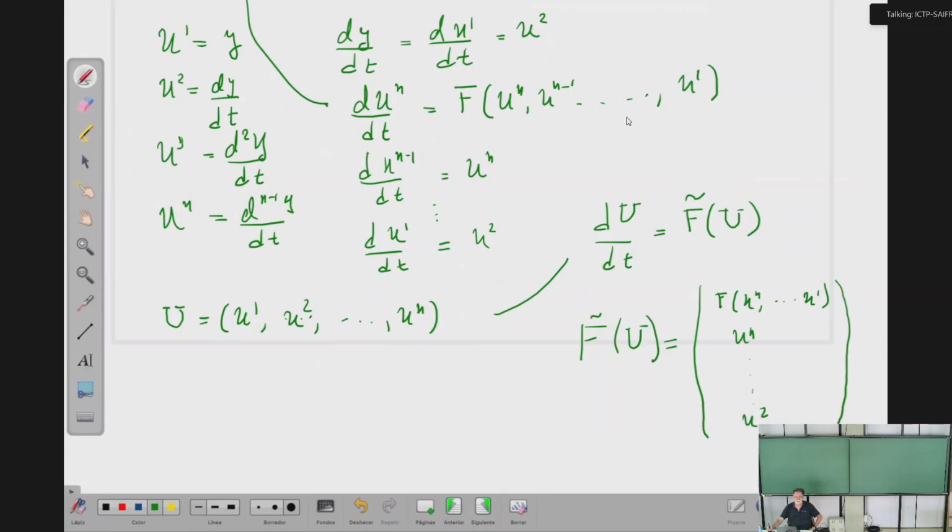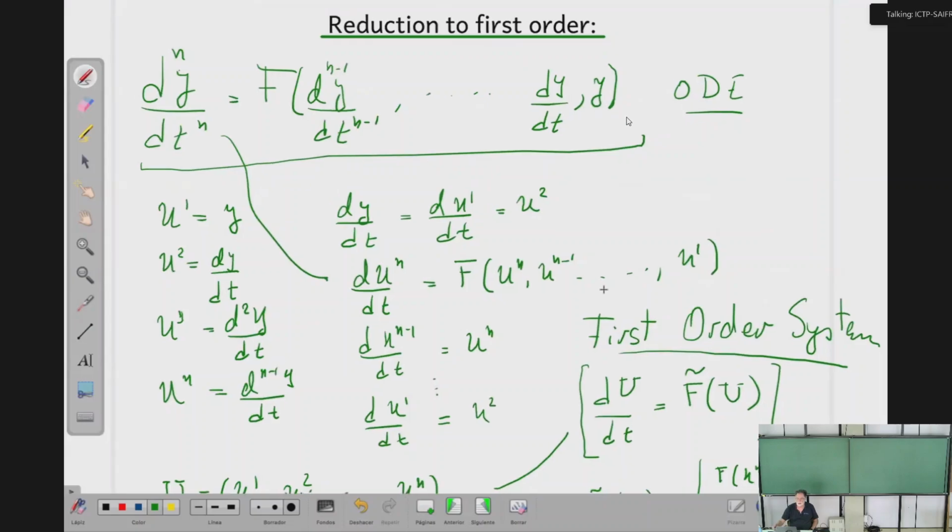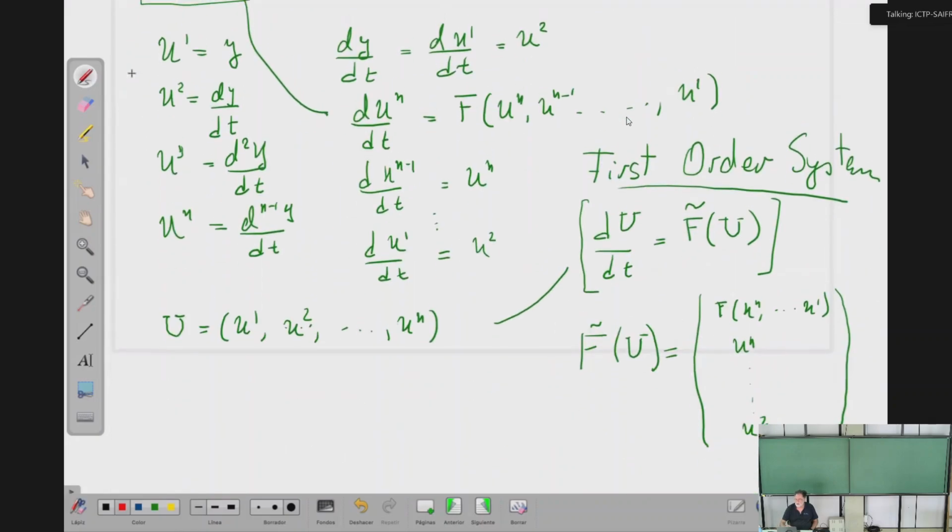Okay? So the system is this one. So this is a first order system. And the claim is this system, this we call 1, and this system 2, 1 is equivalent to 2.